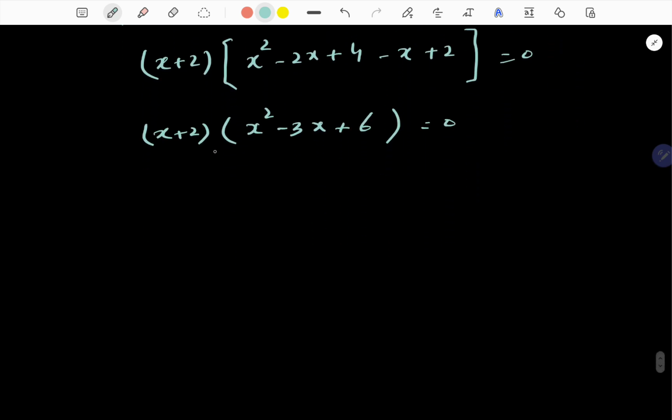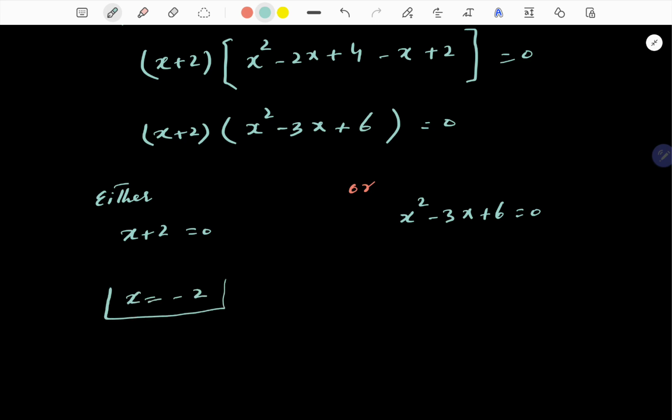So from here, either x plus 2 is equal to 0 or x square minus 3x plus 6 is equal to 0. So from here we can find x is equal to minus 2, and the other is a quadratic.